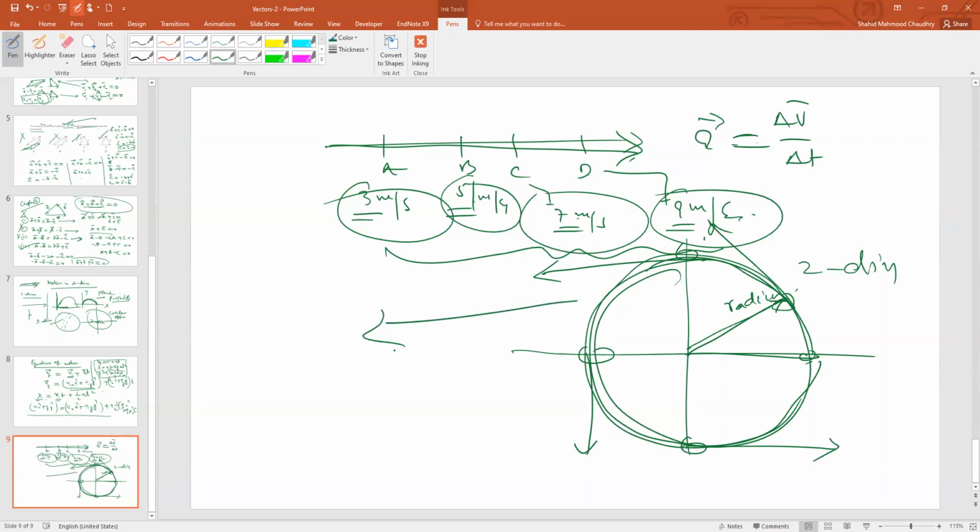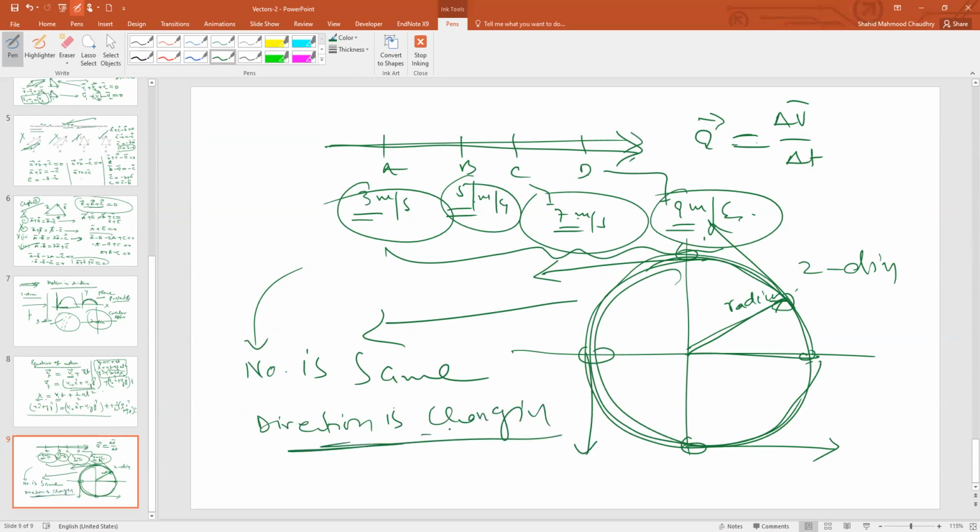So in circular motion, the number is the same. What other thing is changing? Direction is changing. So due to the change in direction, again there is an acceleration.